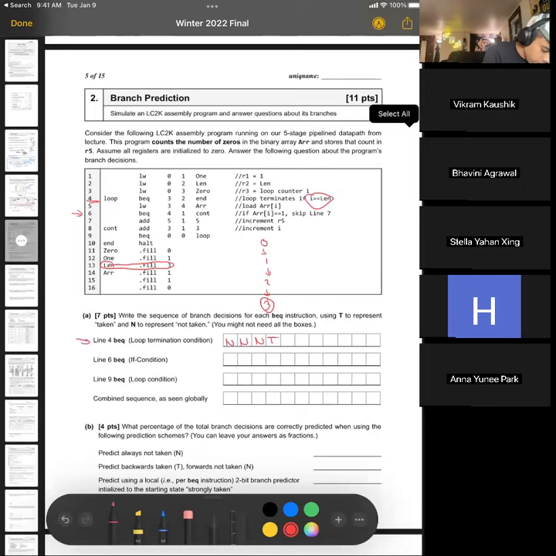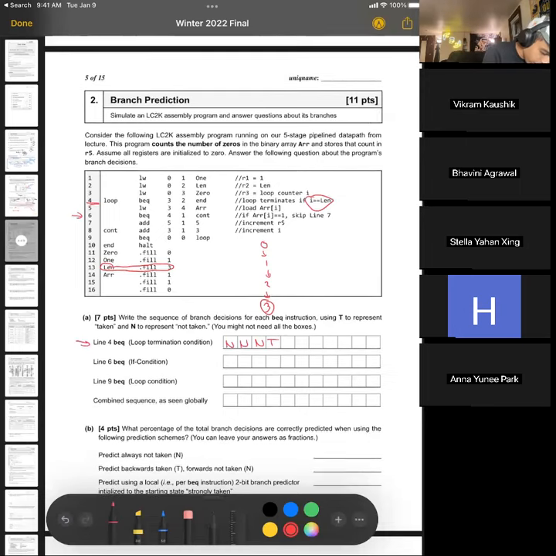We execute it every time the first one is not taken, so 3 times, one for each element in the array. The first time we do have a 1, so we take it. The second time we do have a 1, so we take it again. The last time we don't, so we don't take it. That's the line 6 BEQ.